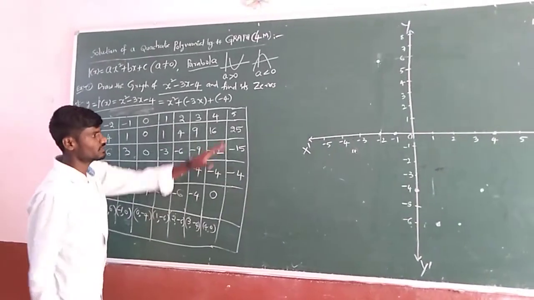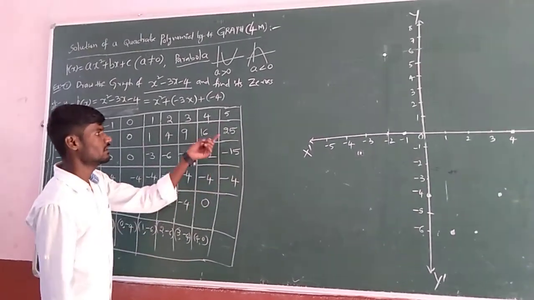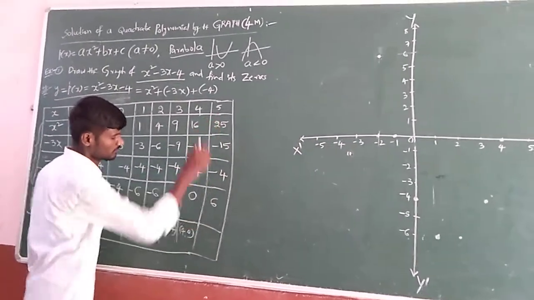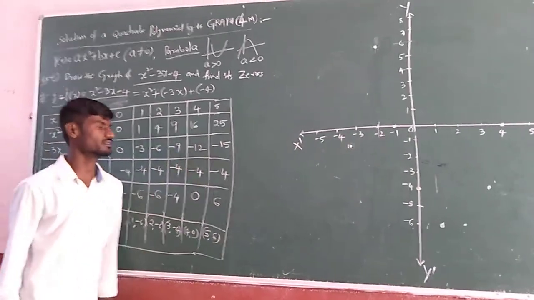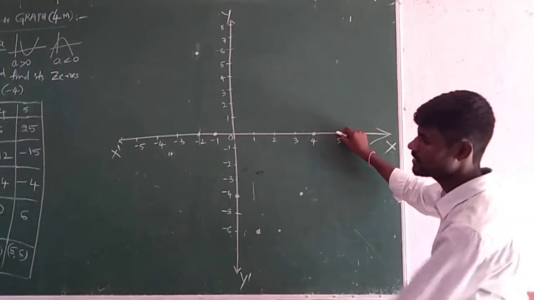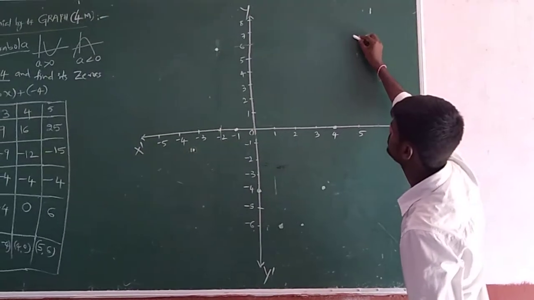Adding these, minus 15 minus 4 is minus 19. 25 minus 19 is 6. So we get 5 comma 6. Let us locate that point: x is 5, y is 6. So here we will get it.